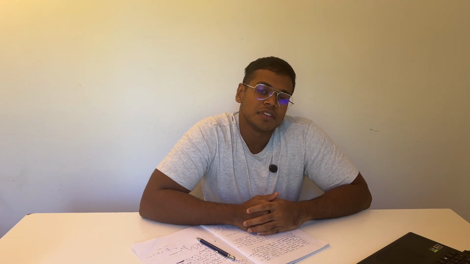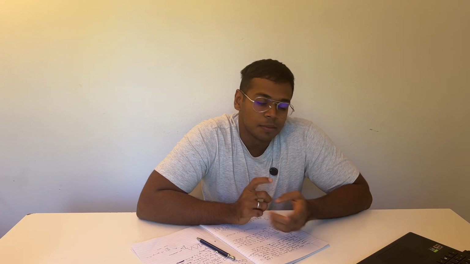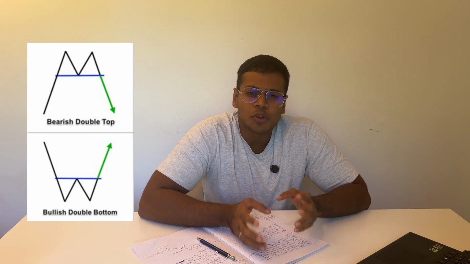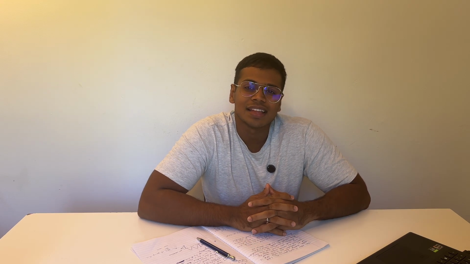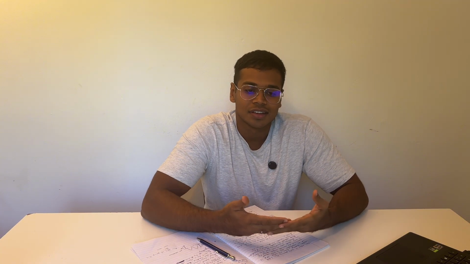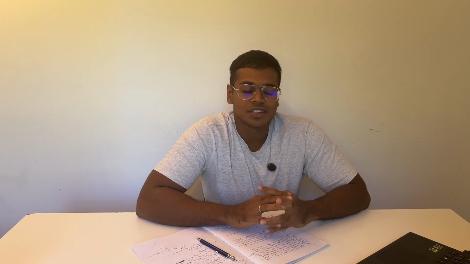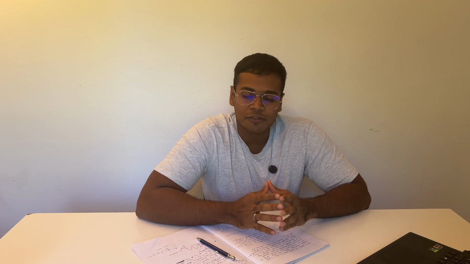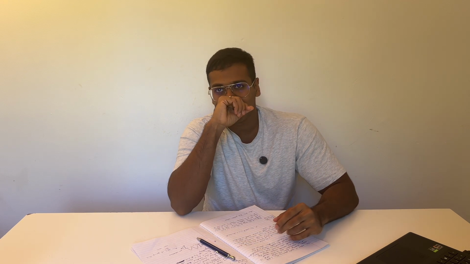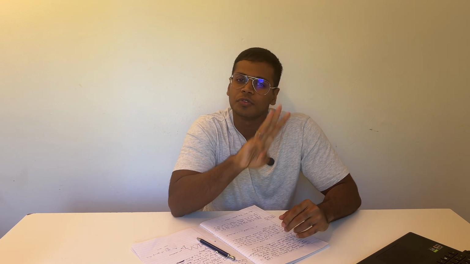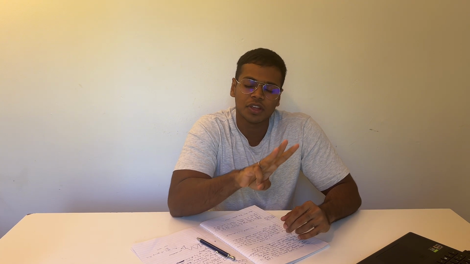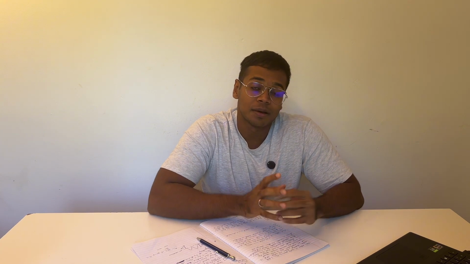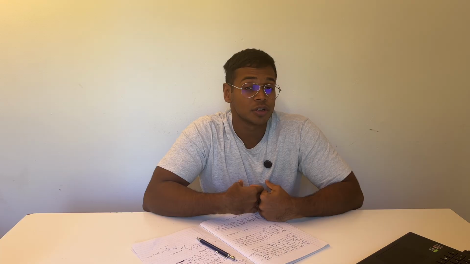So let's start with the first chart pattern. I'm going to choose double top and double bottom. I'm going to do those two together because it's the same thing, just one is bearish and one is bullish. So there's nothing to worry about. But I will give you guys a few sketches because, if I'm not wrong, there are three types of double top patterns and double bottom patterns as well.